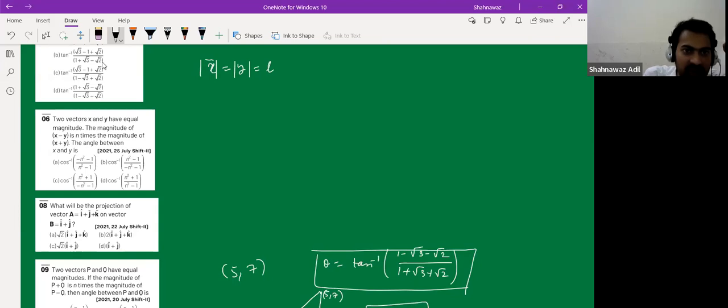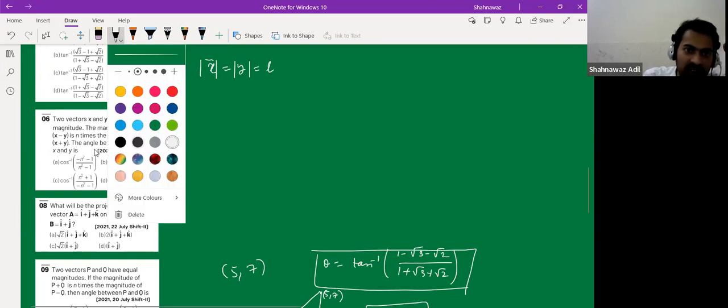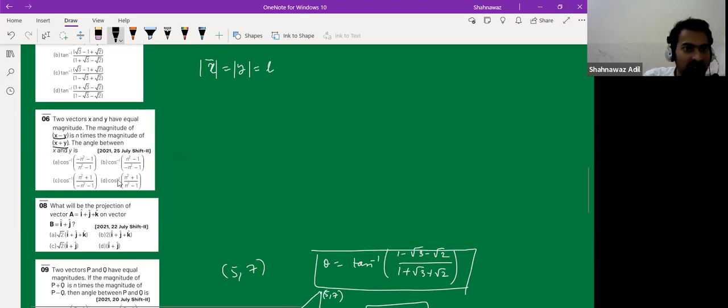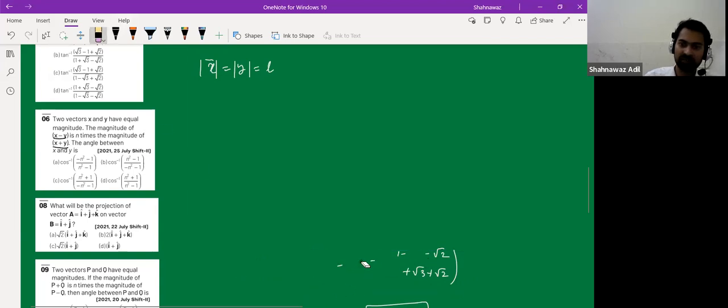So this is the subtraction and this is the addition, right? So what is the magnitude of the addition of the vectors? We all know, right?